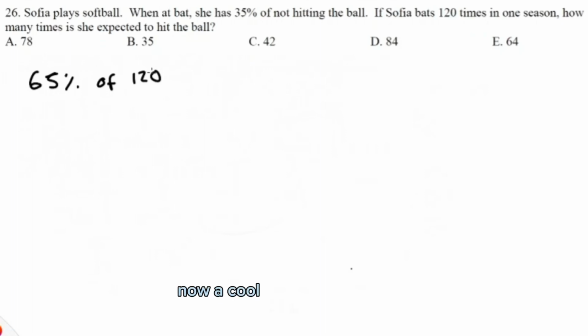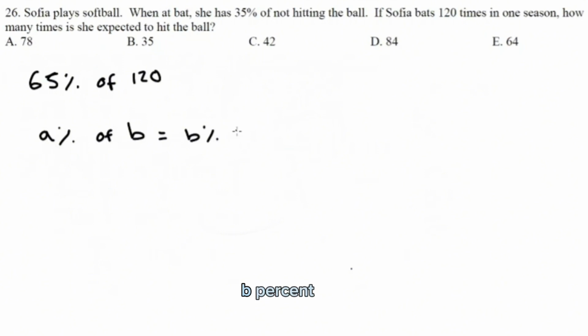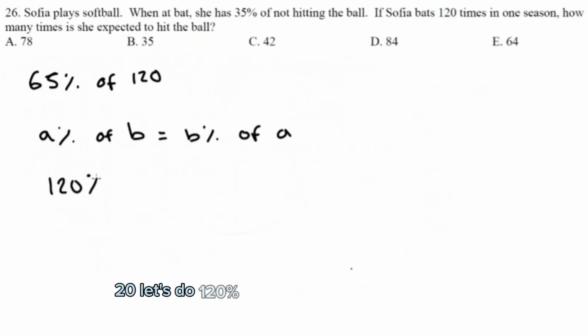Now we need to find 65% of 120. A cool thing about math is, let's say you have a percent of b, the cool way to find that is doing the opposite: b percent of a. They equal the same thing. So instead of doing 65% of 120, let's do 120% of 65.